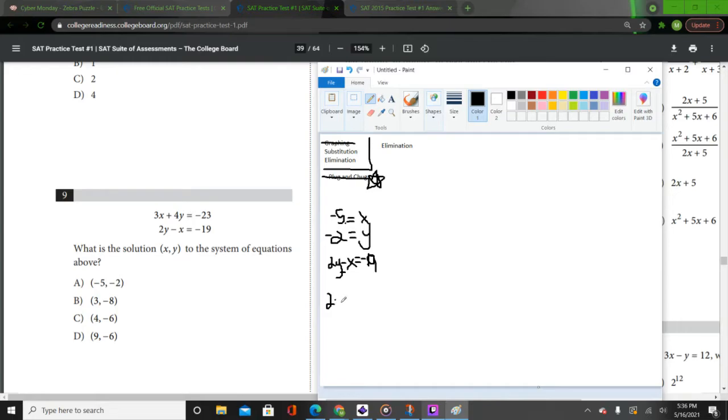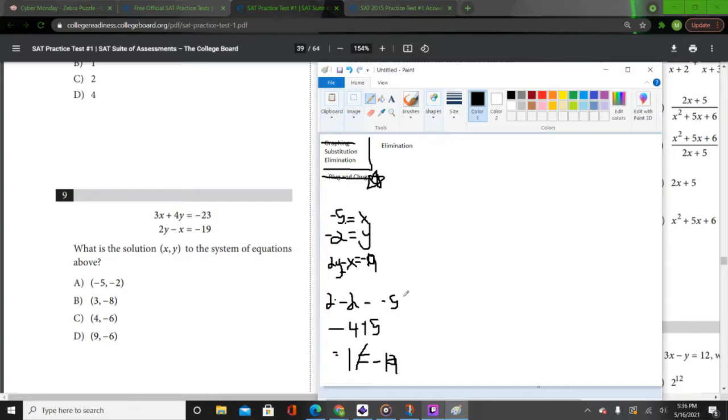So 2 times negative 2 minus a negative 5. And if we do this, we get negative 4 plus 5, which is equal to 1, which is not equal to negative 19.